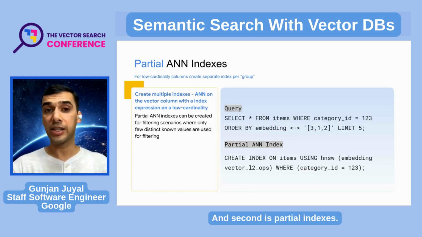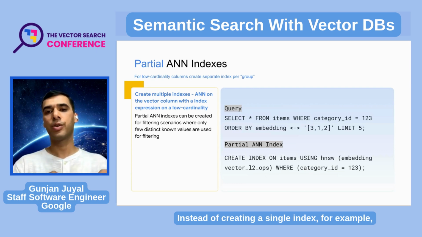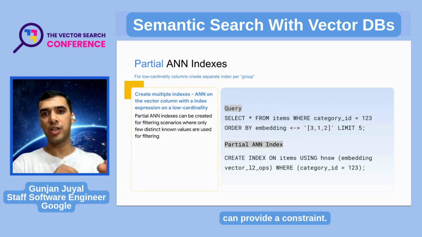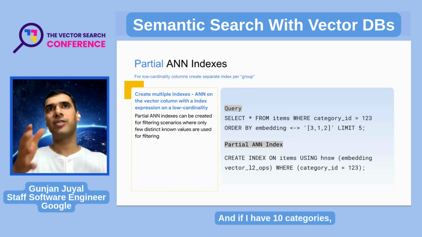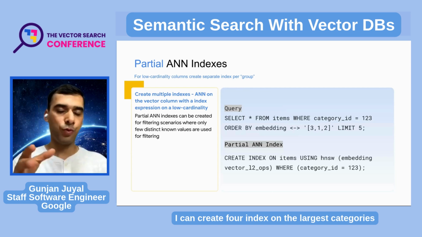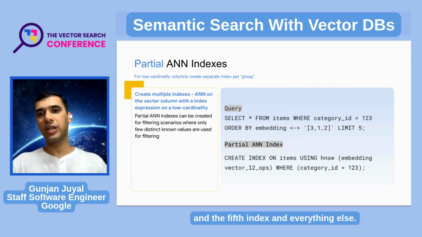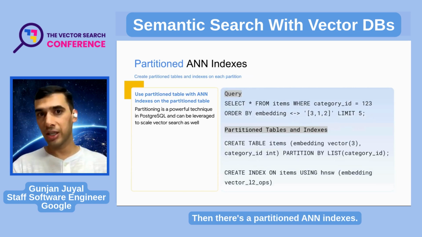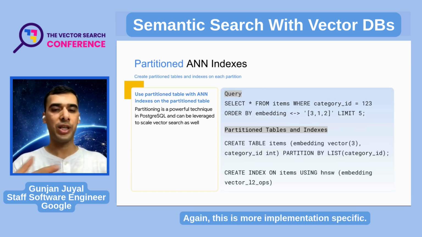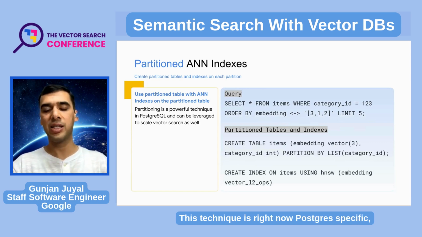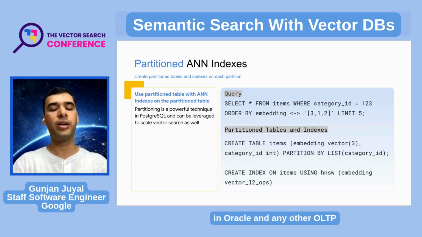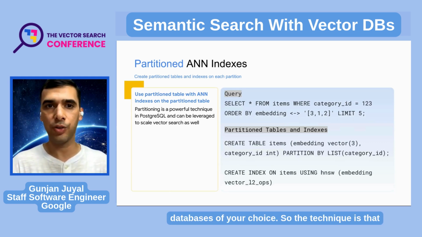And second is partial indexes. Instead of creating a single index, for example, Postgres supports partial indexes where I can provide a constraint. And if I have 10 categories, I can create 4 indexes on the largest categories and a fifth index on everything else. Then there are partitioned ANN indexes. Again, this is more implementation specific. This technique is right now Postgres specific, but a similar technique definitely exists in Oracle and any other OLTP database of your choice.